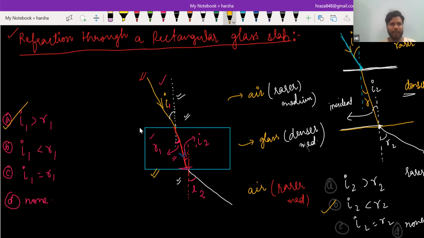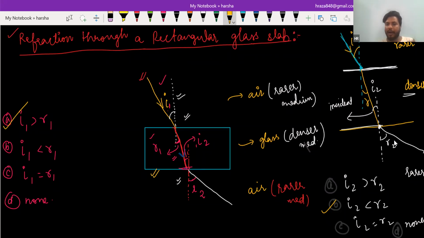Always remember, this is very important: when a light ray travels from rarer to denser medium, it bends towards the normal because speed in rarer medium is greater than speed in denser medium.